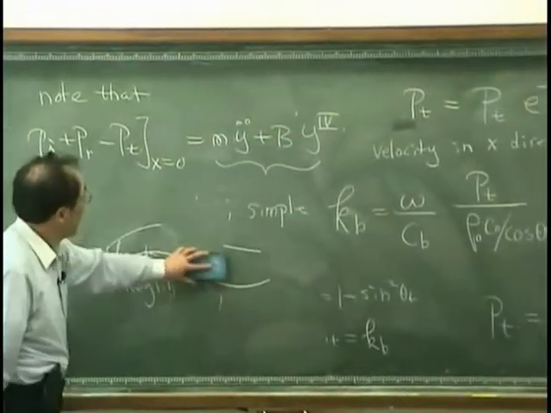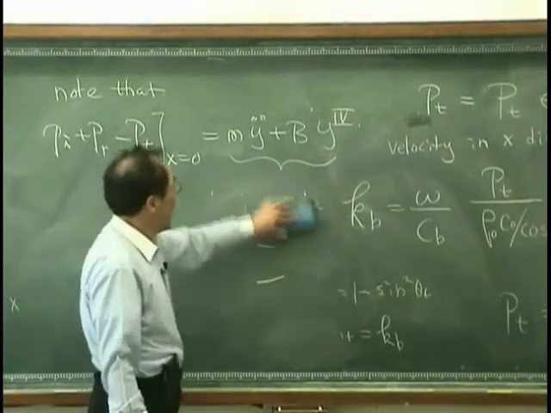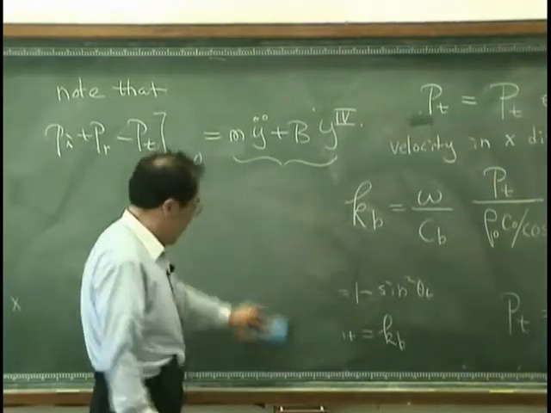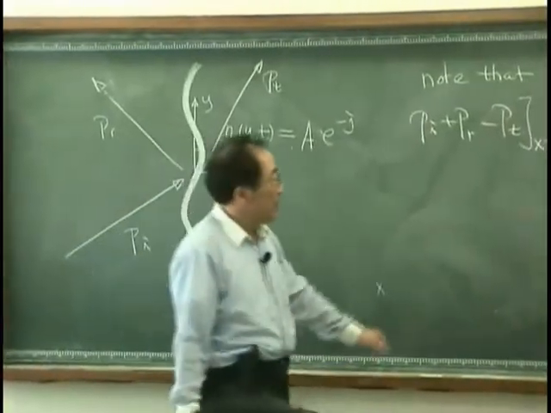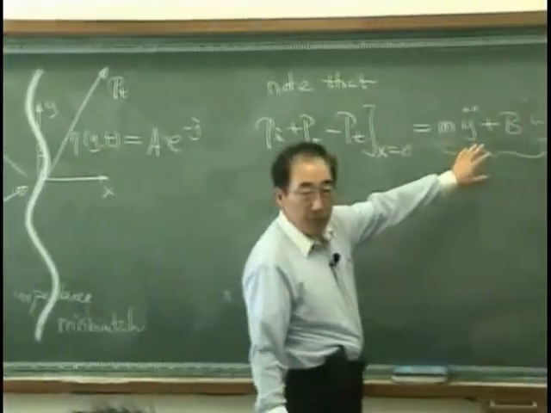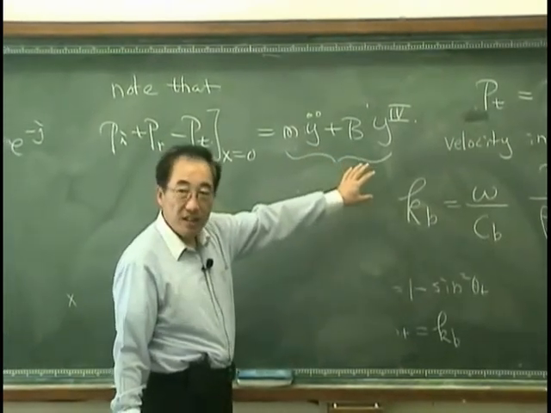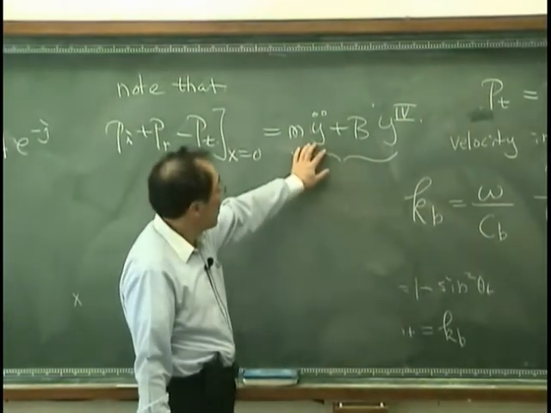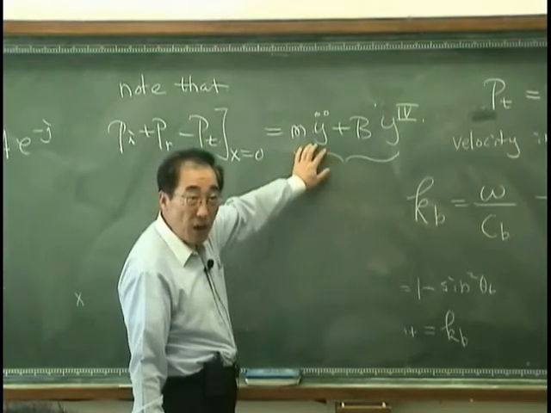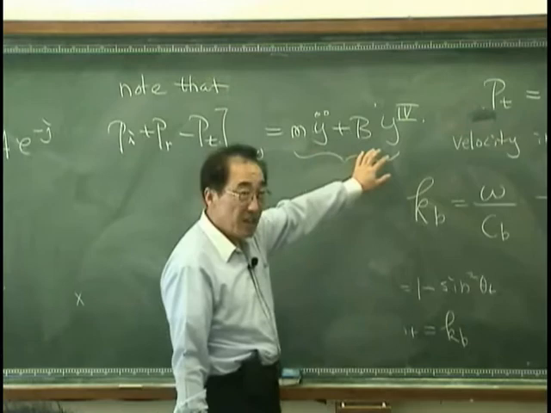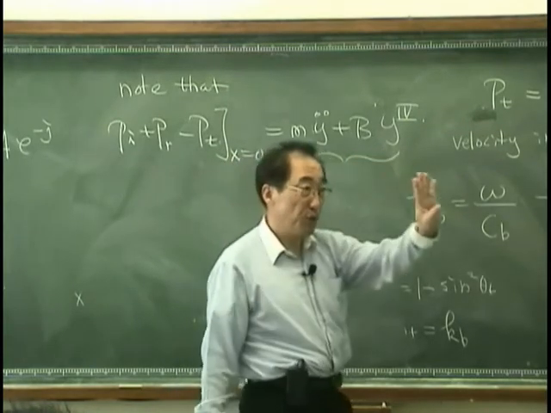Now, it is interesting to note that the characteristics of a bending wave are rather interesting. That can be observed immediately from this differential equation. It has a rate of change with respect to time twice, and a rate of change with respect to space four times.